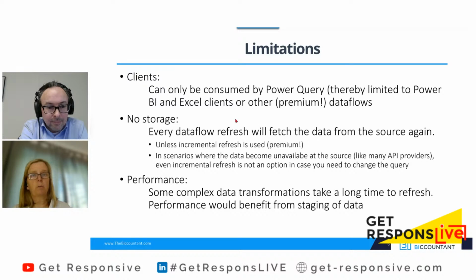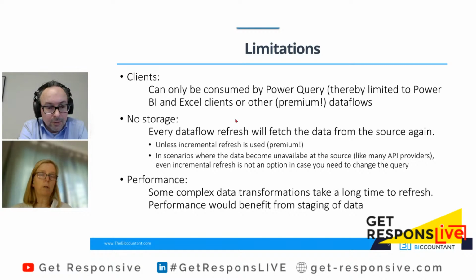Another limitation, even if you can use incremental refresh because you're using Premium Per User or capacity, is that you will get a problem if the data becomes unavailable at the source. For example, currently I do projects consuming API data from social media, and these APIs only return data from the last 30 days or the last 60 days.